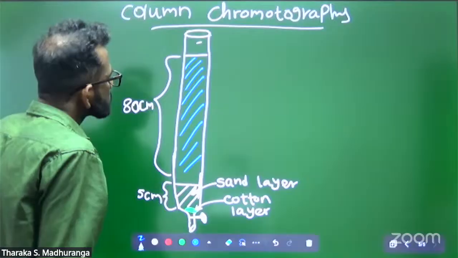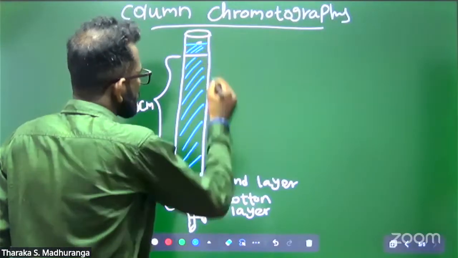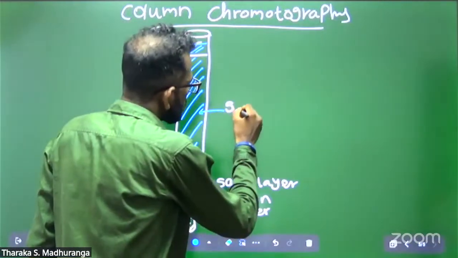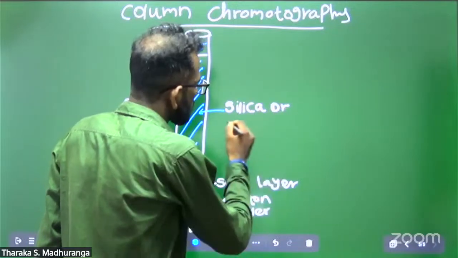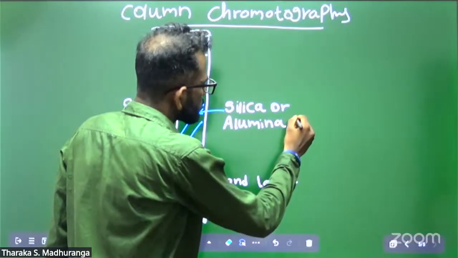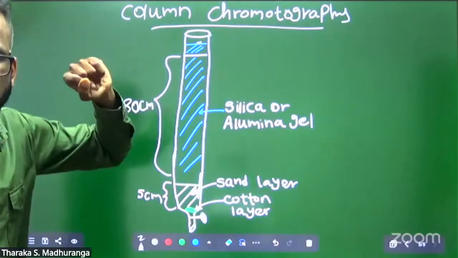After that, again we need to add 5 centimeter of silica or alumina gel layer.